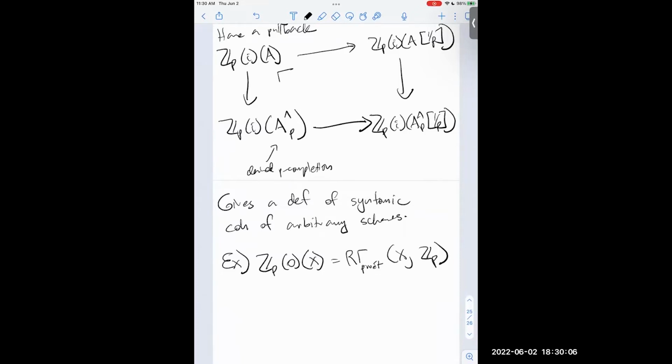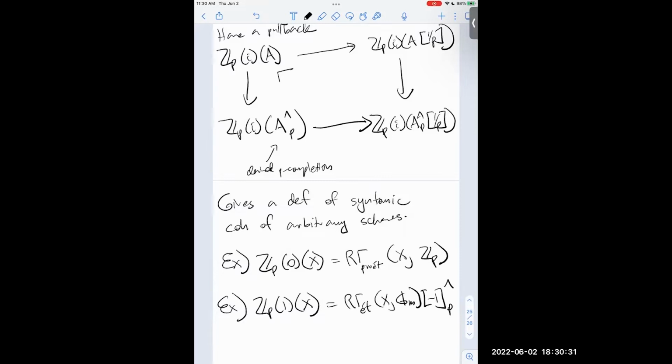And this is just a constant sheaf ZP. So in weight 0, it's usual pro-étale cohomology. Next example is that ZP of 1 of X is always, well, you take the étale cohomology of X with coefficients in Gm, shift by -1, and P-complete.